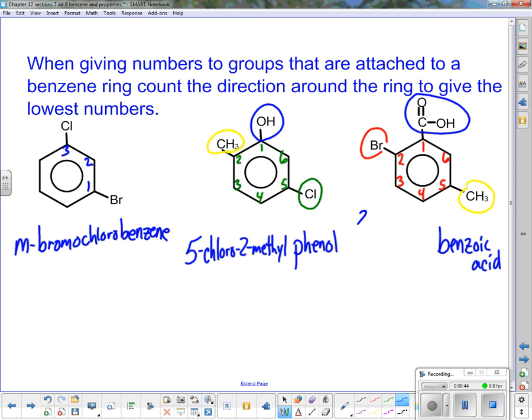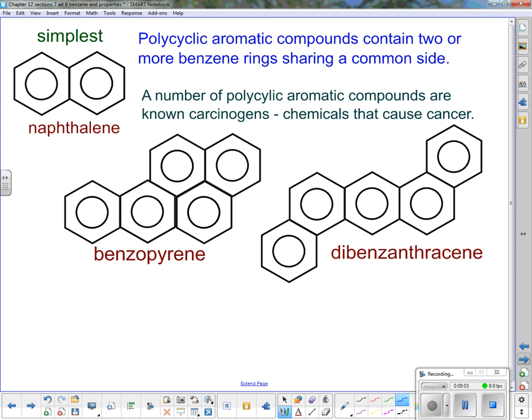So I go 2-bromo, and I'm going to have to stack these, sorry. Then I put the 5-methyl benzoic acid. All right, I hope that was helpful in being able to name things that are attached to benzene rings.